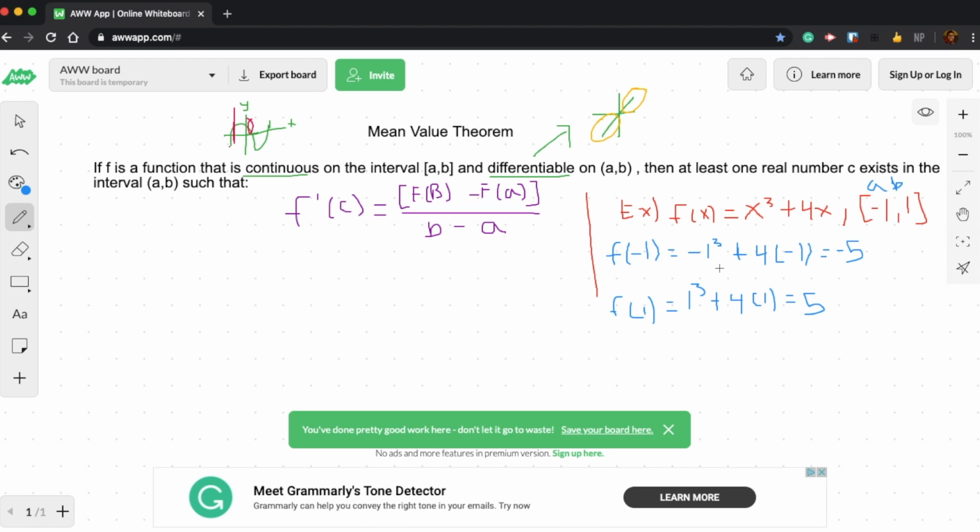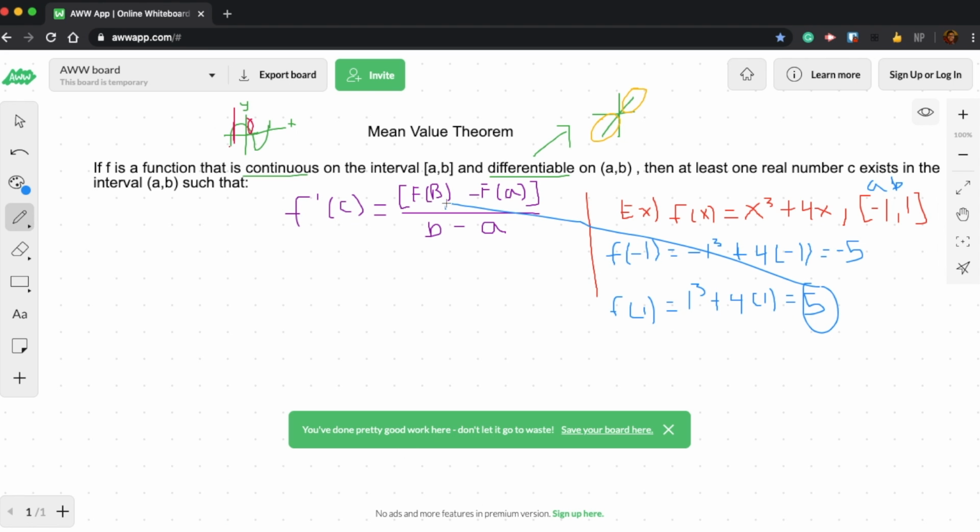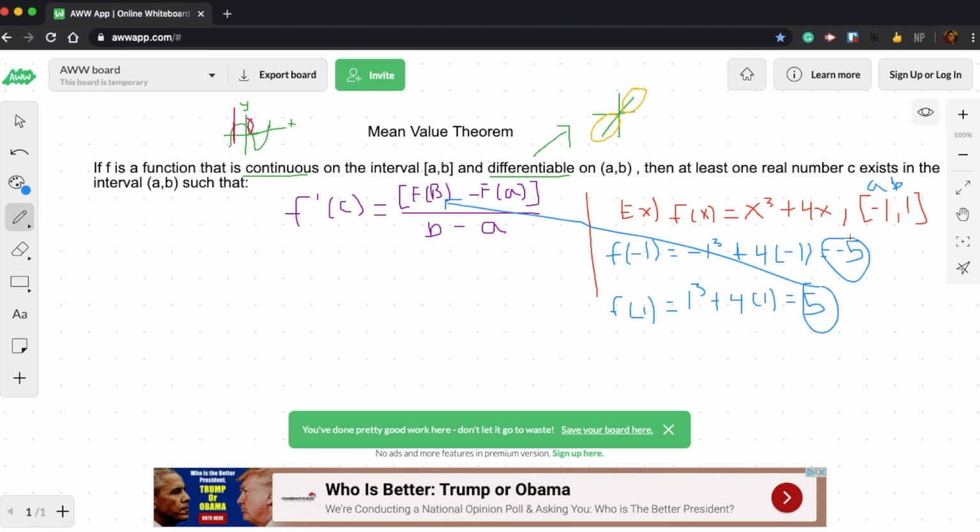After we're given these values, let's just plug it into the equation. So once we do that, plug that in here, plug that in here, and then b and a, right? So it's going to be 5 minus, and then in parentheses, just to make sure you guys are doing the operation correctly, 5 minus -5 over 1 minus -1.